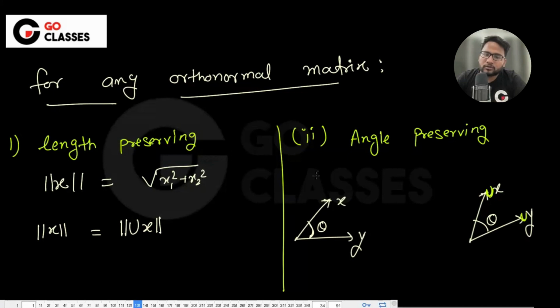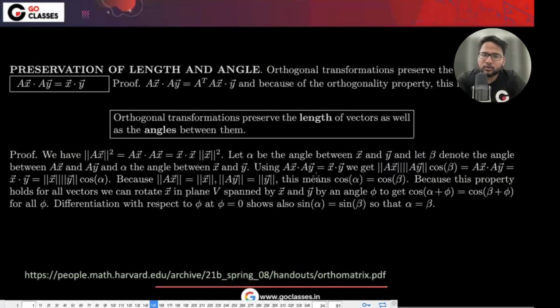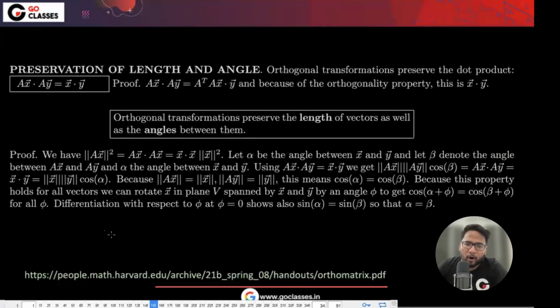Just let me know if you can prove it. These are the two properties that I have taken from Harvard University: an orthonormal transformation preserves the length of the vector as well as the angle between them. Can you prove this?